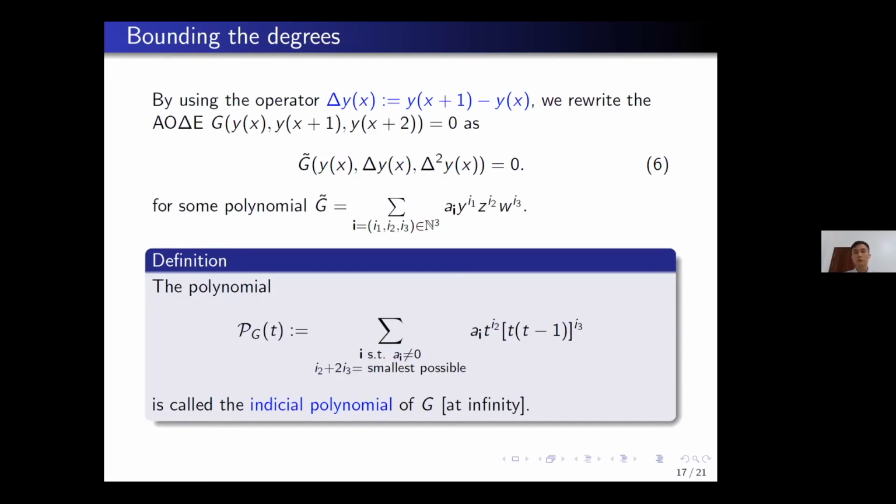And then we rewrite the given second order autonomous AOΔE as a new one using the operator delta rather than the shift operator. And Z tilde now is a polynomial in 3 variables again. And we can write it down explicitly.